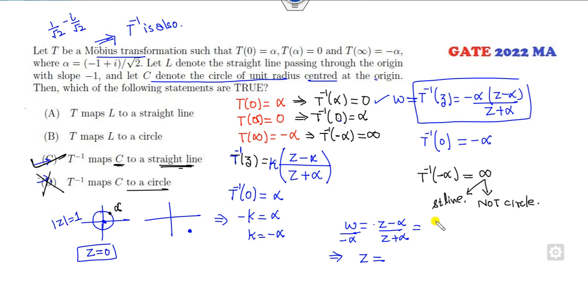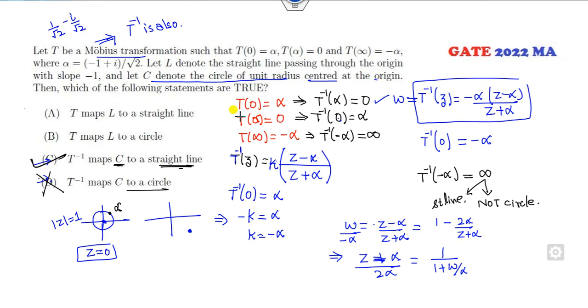I can simply say it's 1 minus 2 alpha over z plus alpha. I can take this on this side and it will be 1 minus alpha over this, plus 2. So I can take the LCM and simplify it. Is there any other way you can do it in an easy manner?